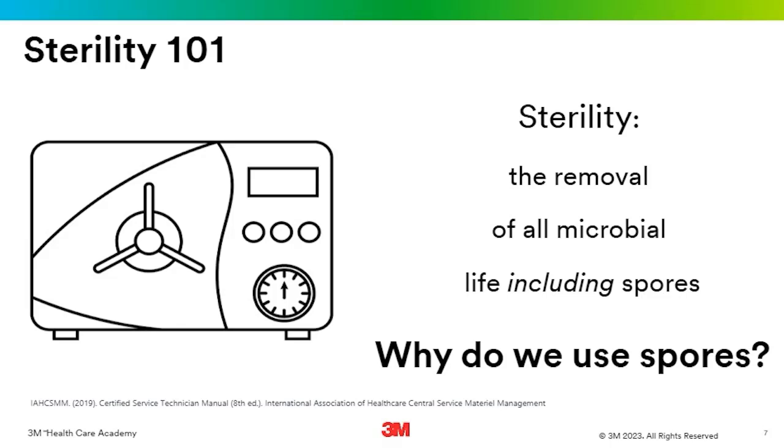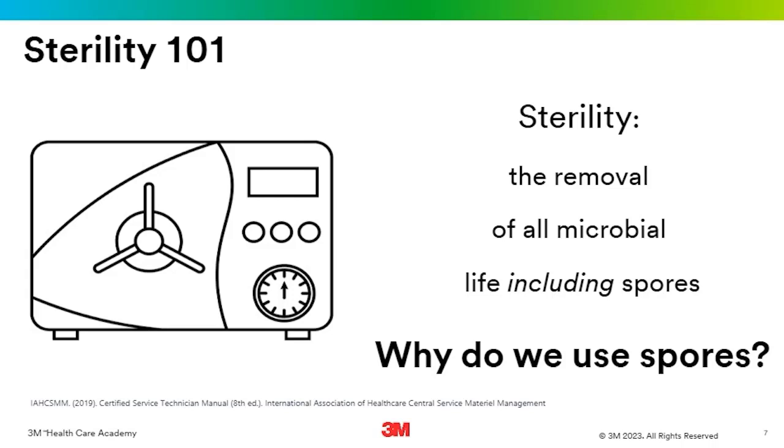But why, up until this point, do we start using spores in our sterilizers to demonstrate sterility? Why are we throwing this big inclusive factor into the sterility program? Well, that's because spores are technically the most difficult microorganism to destroy, right? They have this phenomenal ability to dehydrate themselves, really lower the critical needs, bring that level of homeostasis all the way down.